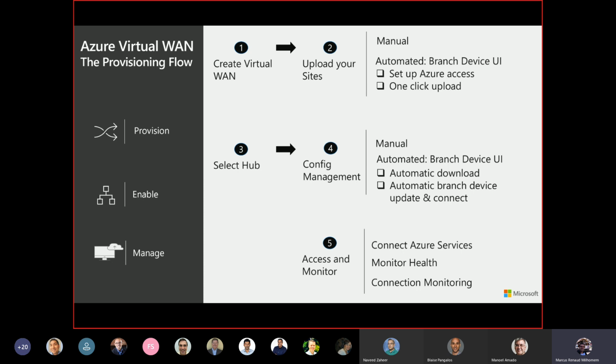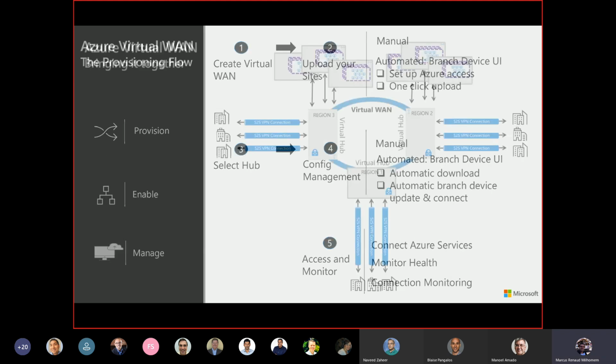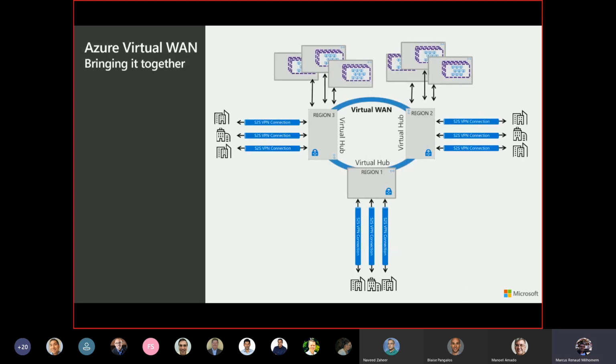So pretty much we are giving you a way to create a wide area network, a network that covers the whole globe, connecting every single branch of yours with a couple of clicks, and you can do everything automatically from the Azure portal. So that's another representation of global reach network.